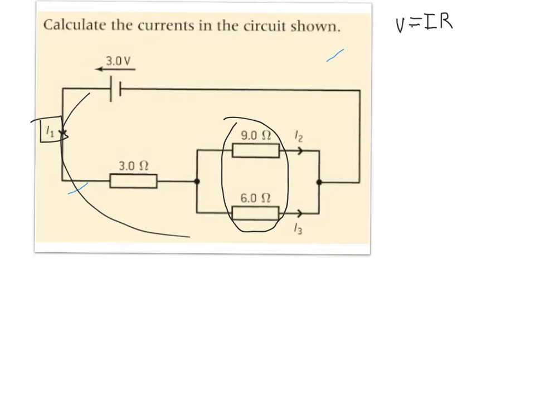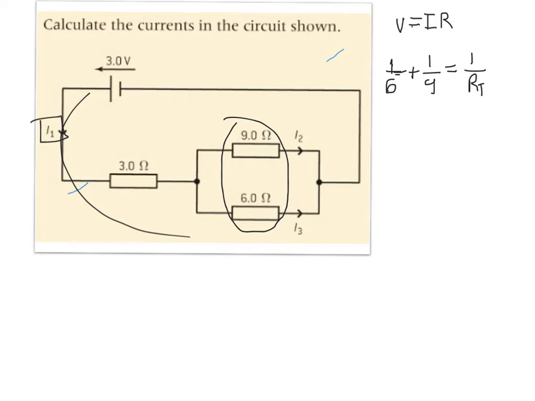So I'm going to go 1 over 6 plus 1 over 9 equals 1 over the total resistance.